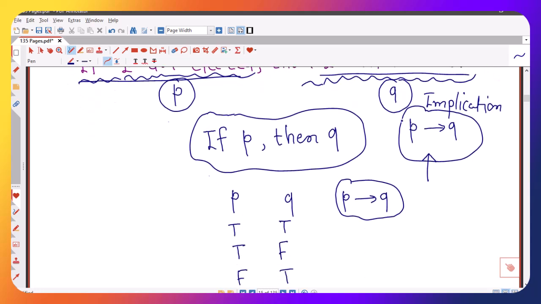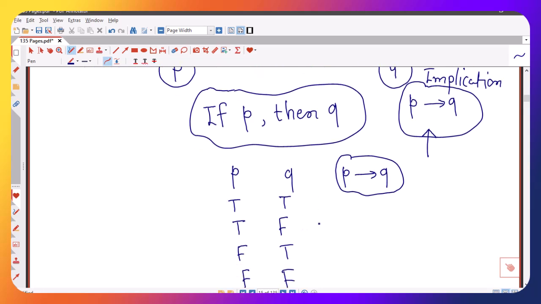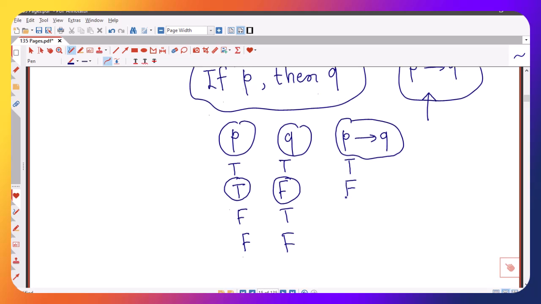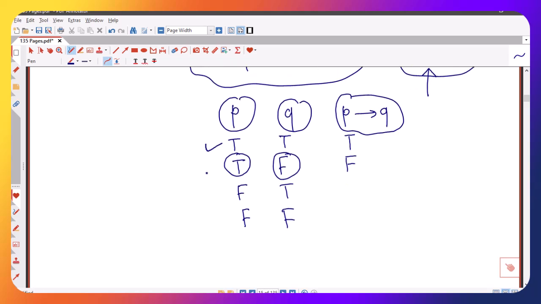In that case, P true implies Q true, so I have kept my promise, therefore P implies Q is true. But if I am elected and I am not lowering the taxes, that is, P is true but Q is false, then I am breaking my promise, therefore this implication is false, so I write F here.